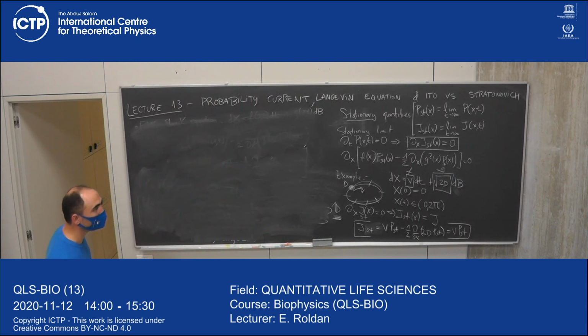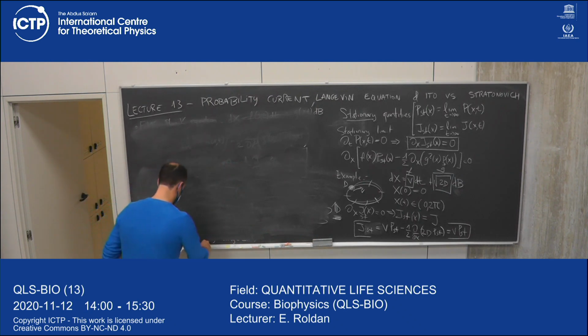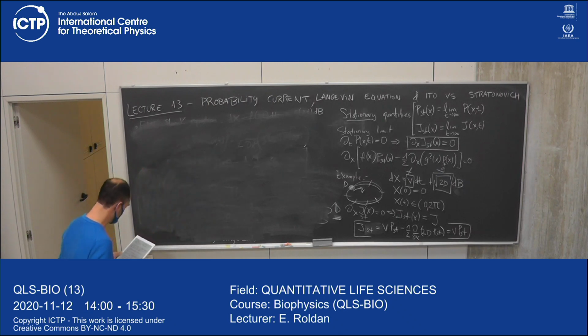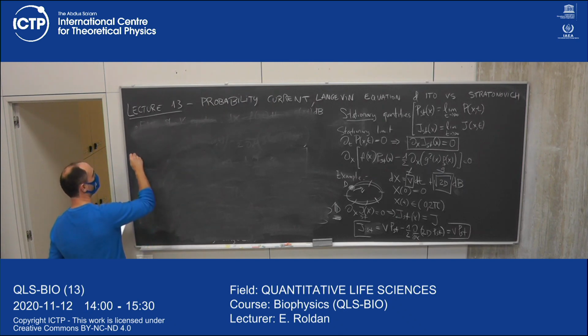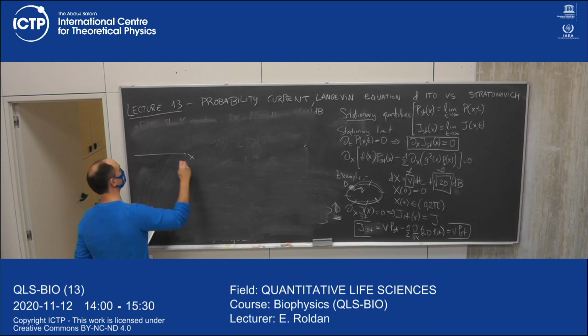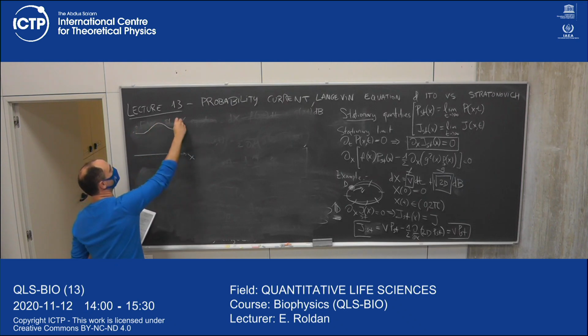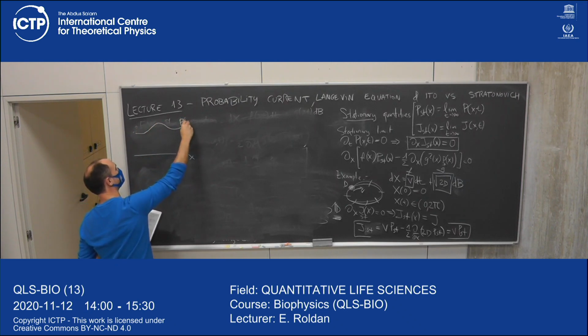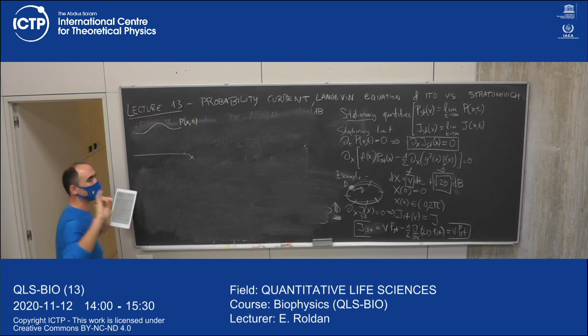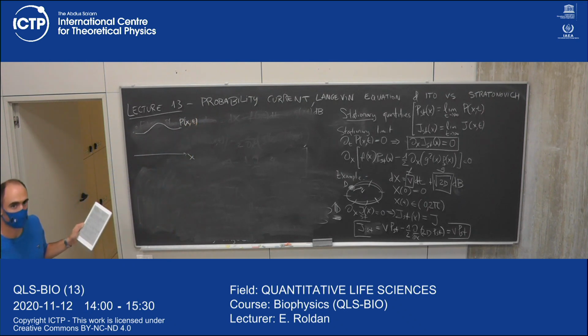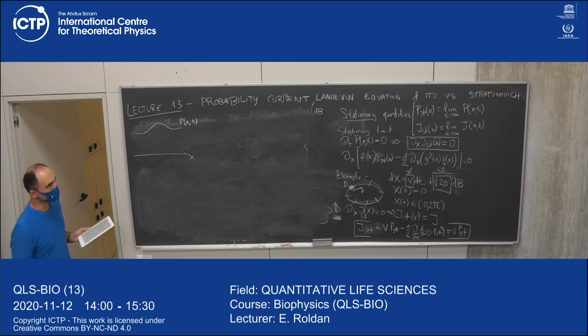Okay, now to give you a picture of what I'm talking about, imagine this is x, and this would be p of x and t. So at a given time, I plot the distribution of x.